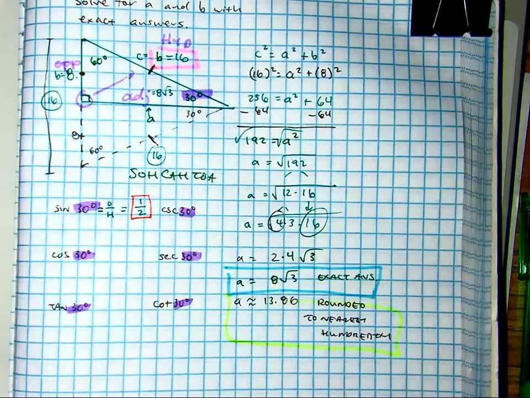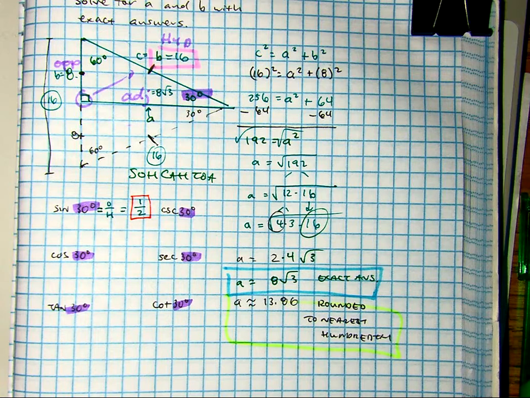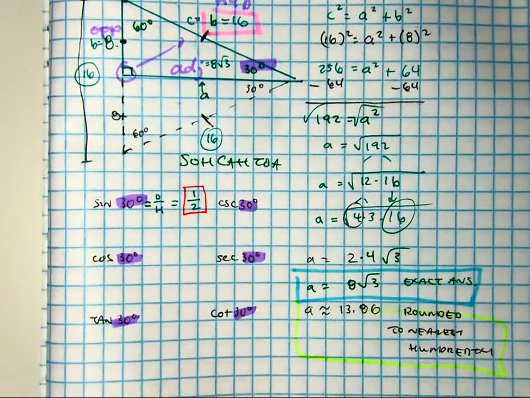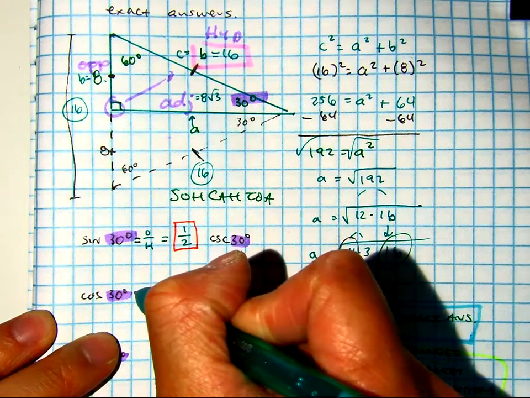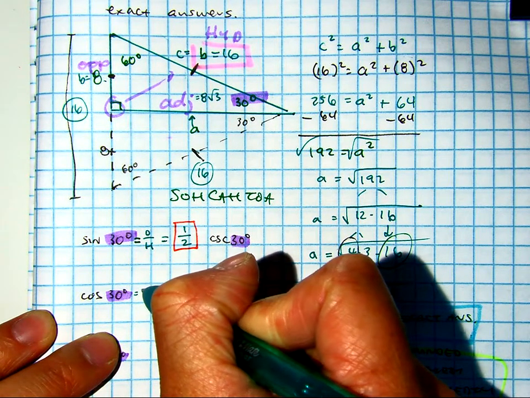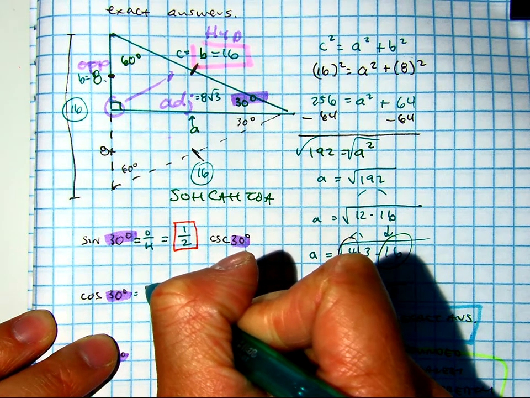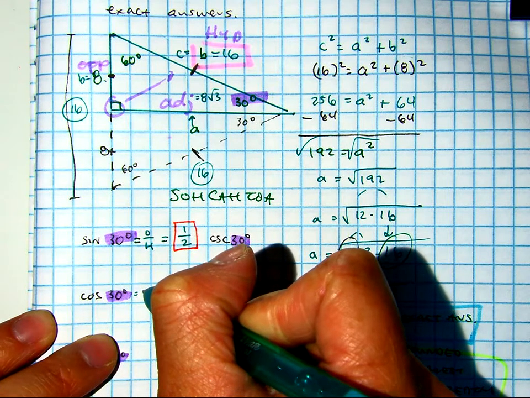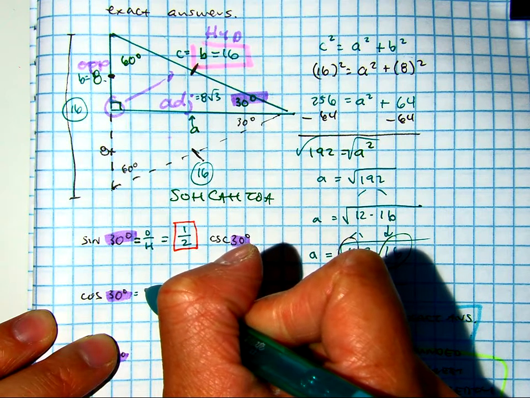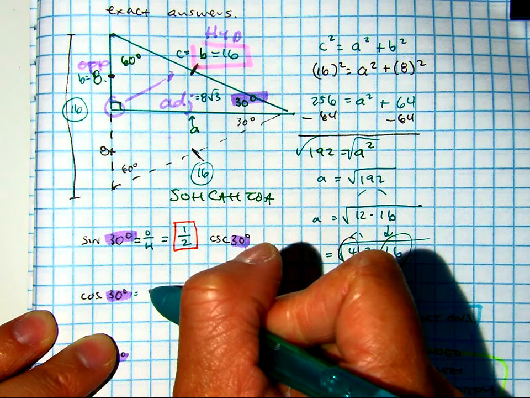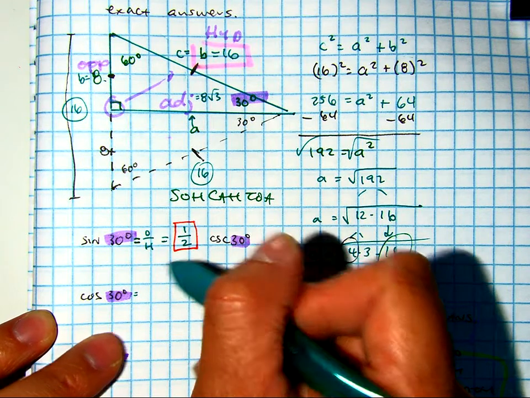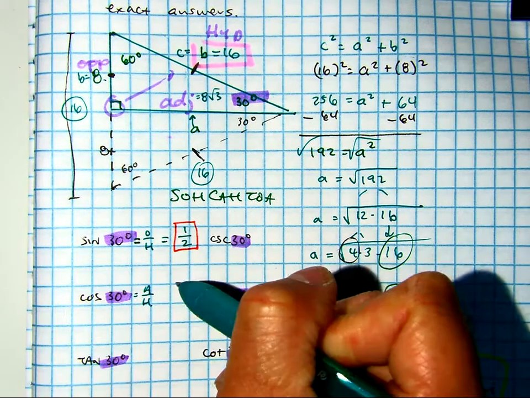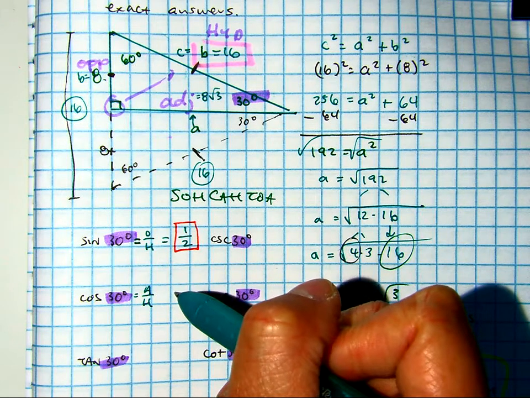So Heel, pick another one. Cosine. Cosine is which two sides? Is it hypotenuse over the adjacent or adjacent over the hypotenuse? Adjacent over the hypotenuse. So here, which two sides is that?